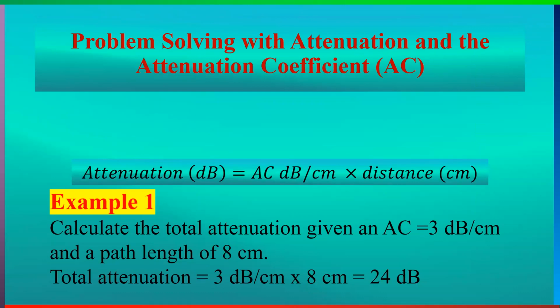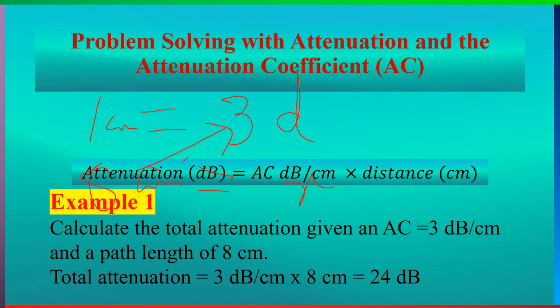For example, at a distance of 1 centimeter in the medium, the attenuation will be 3 decibel. Now, if the sound wave travels a distance of 8 centimeters, how much will it be?